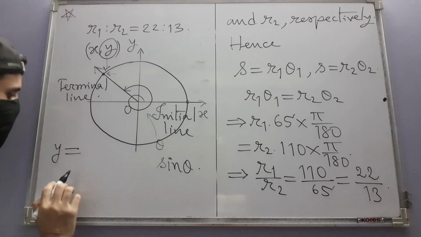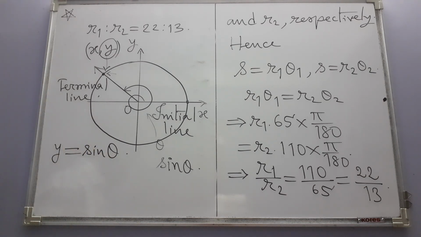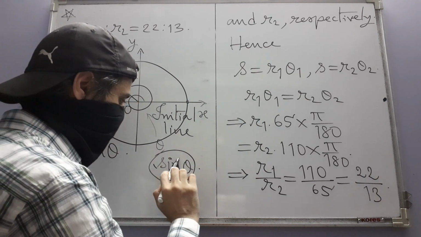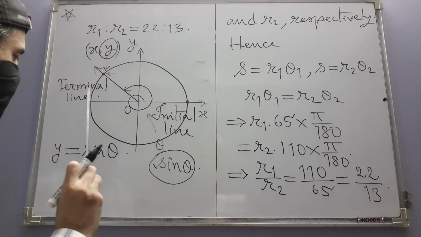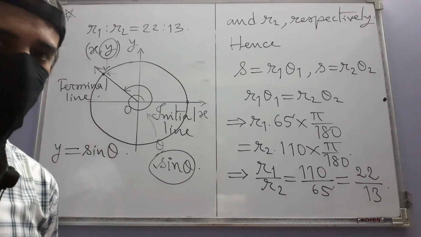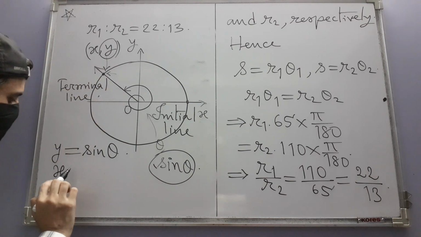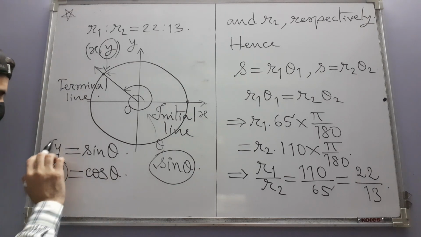This y is what we define sine theta to be. Sine theta by definition is y. In other words, we are defining this trigonometric function value, sine value of the angle theta, as the y coordinate of a point. Similarly, that x is what cos theta means. The meaning of cos theta is x.